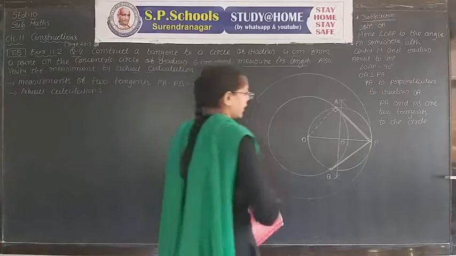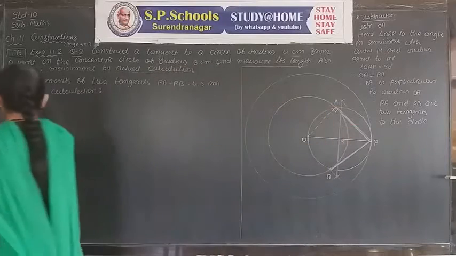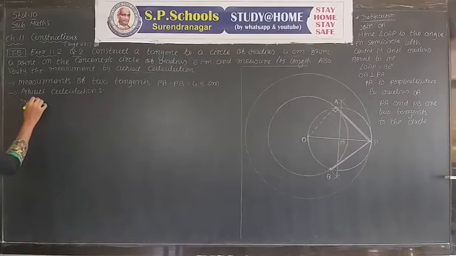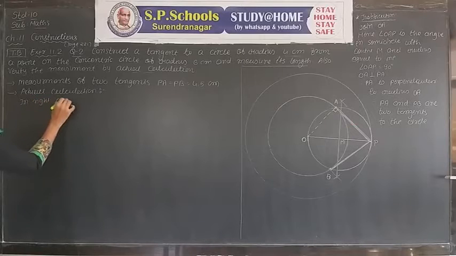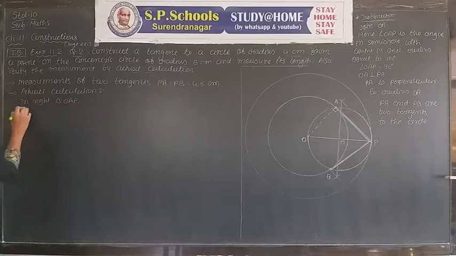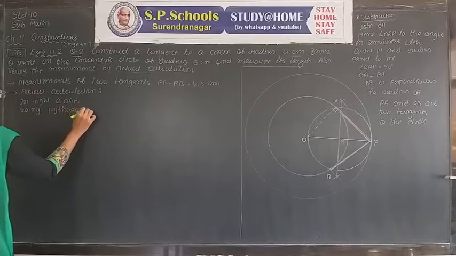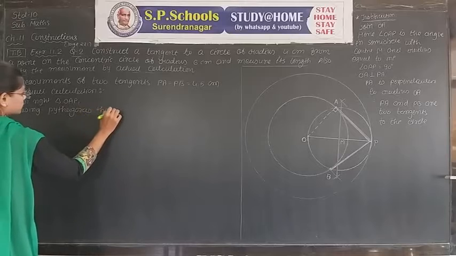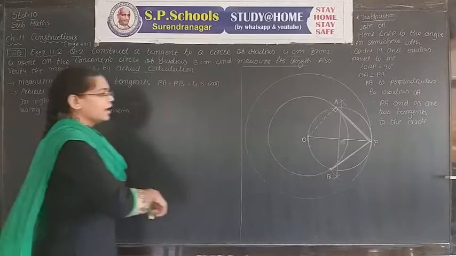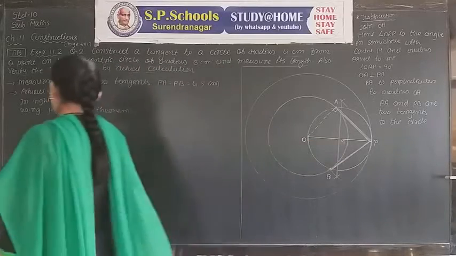Using the right triangle OAP, in right triangle OAP, using Pythagoras theorem, the hypotenuse is OP.